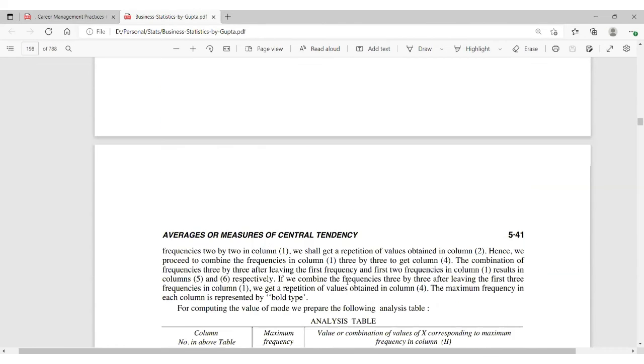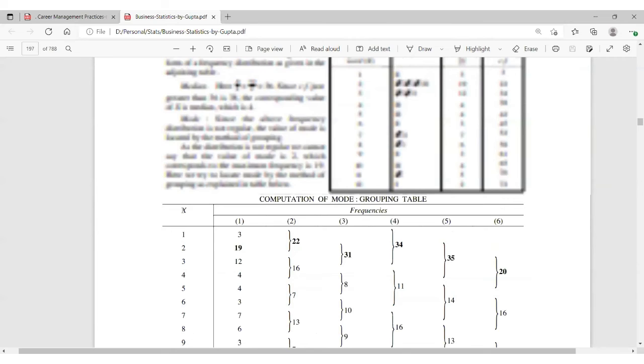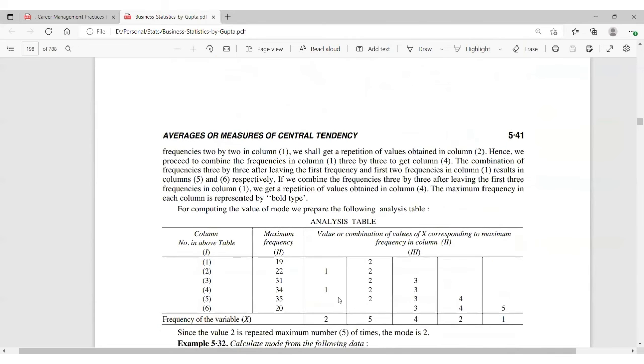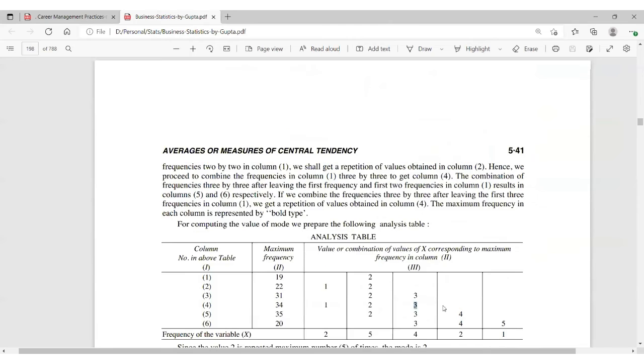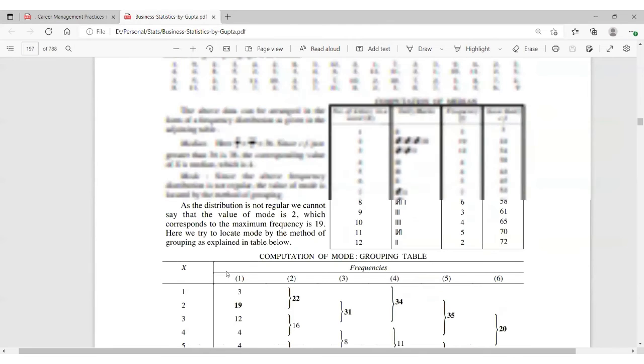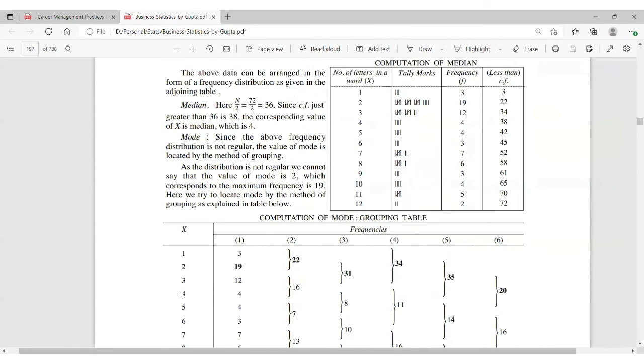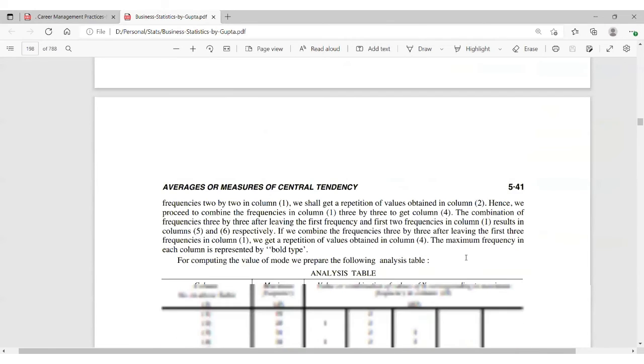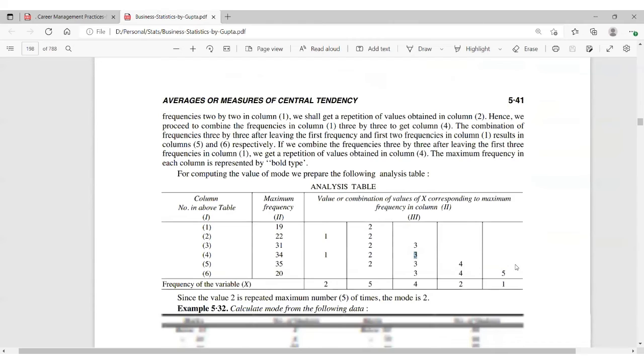In the 34, first 3 items, 1, 2 and 3. Similarly, next 35, 19, 12 and 4. That means 2, 3 and 4. Similarly, next one 3, 4, 5.